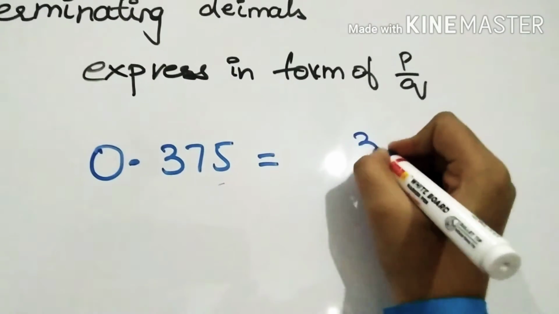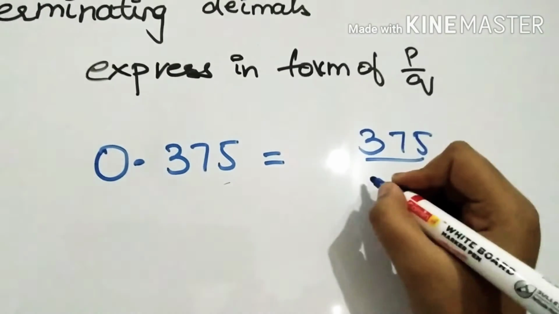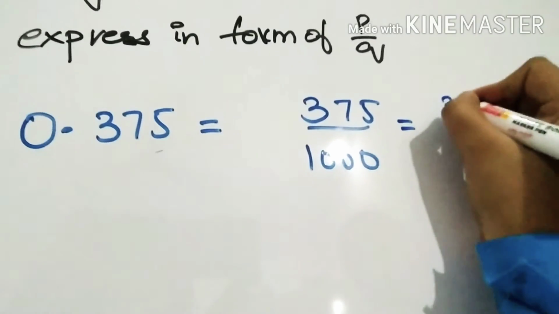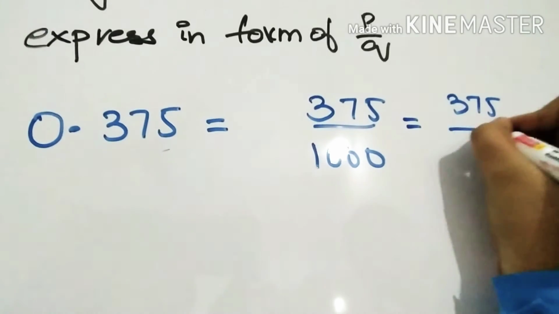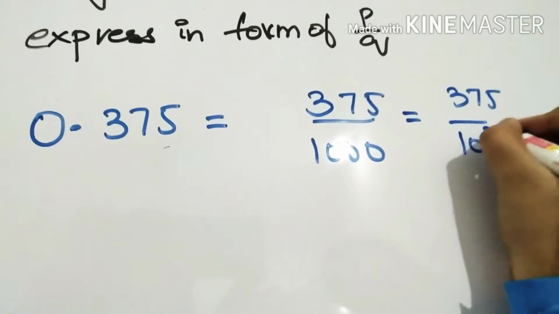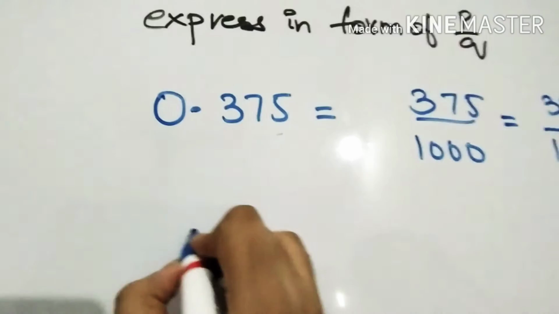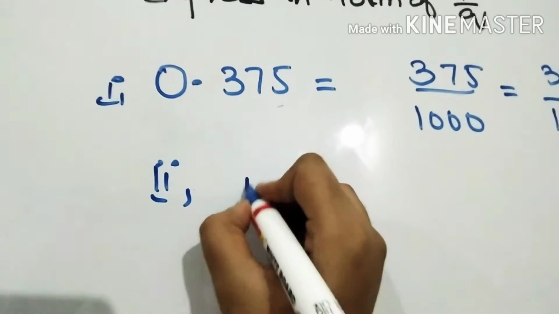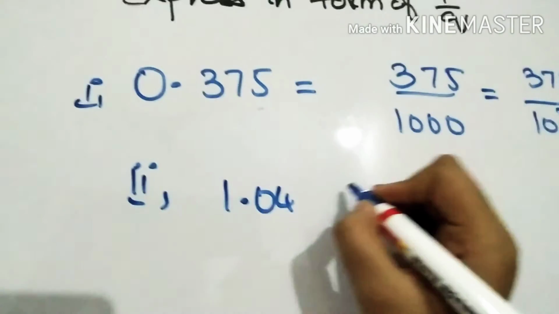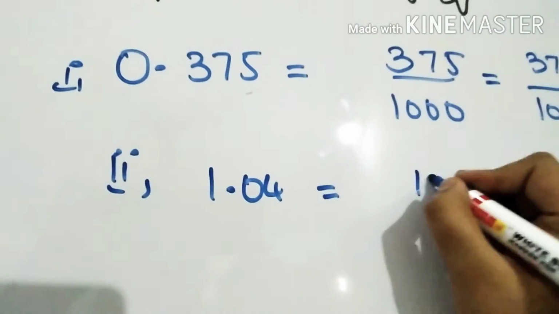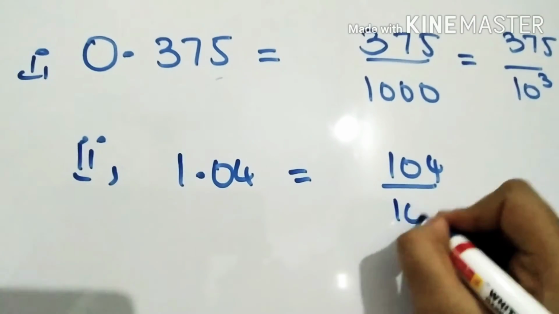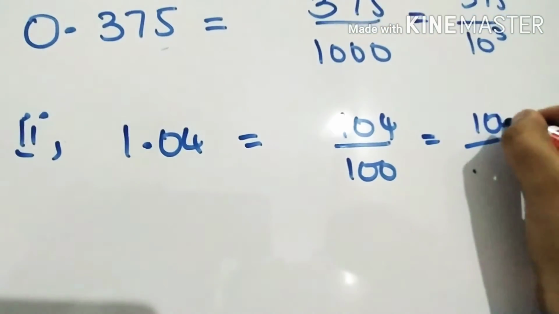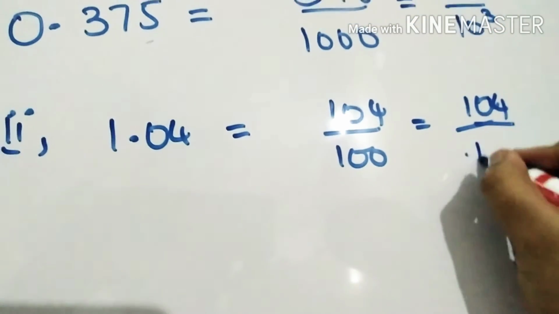0.375 can be written as 375 by 1000, which is 375 by 10 to the power of 3. The next one is 1.04, which is 104 by 100, which is 104 by 10 square.